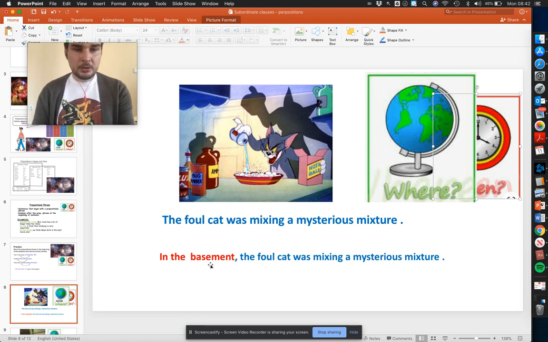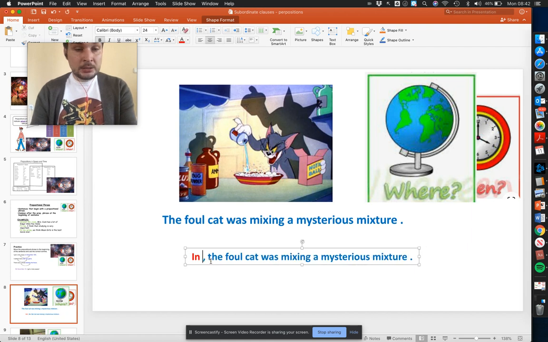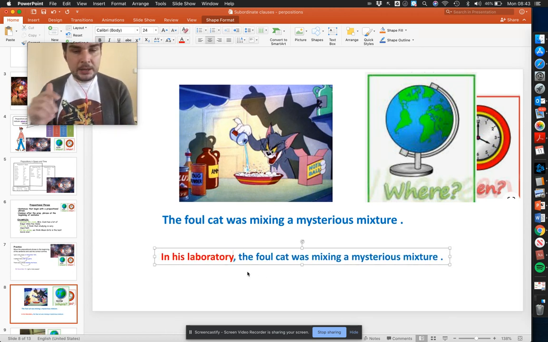Good idea, preposition. In his laboratory, the foul cat was mixing a mysterious mixture. Three ideas. All I'm interested in is using the picture to get the idea, and adding a phrase at the beginning that tells me where it might take place.